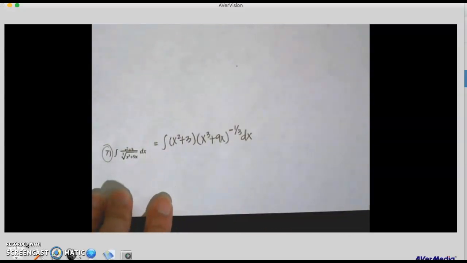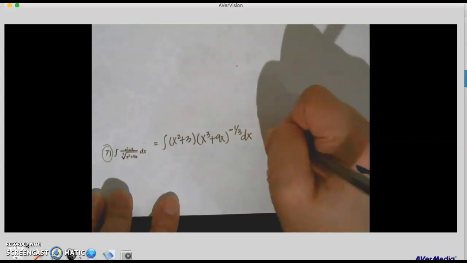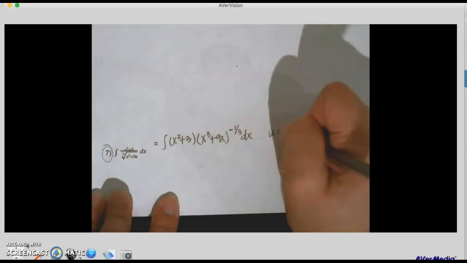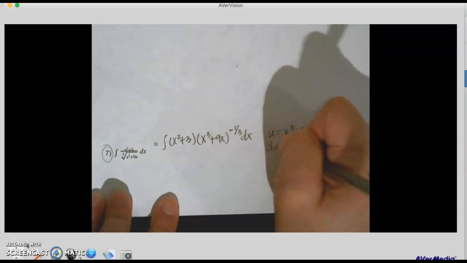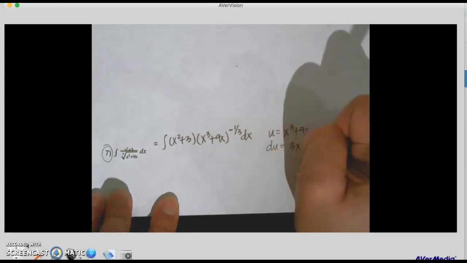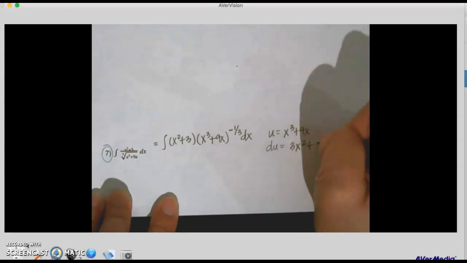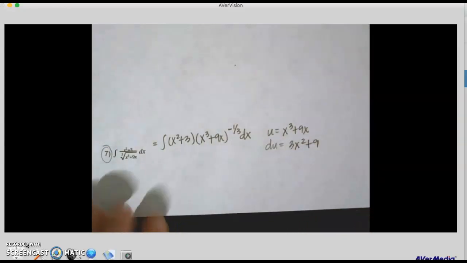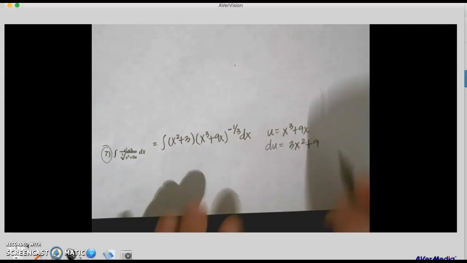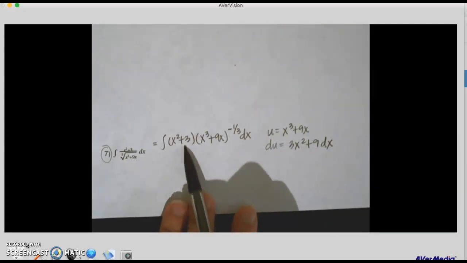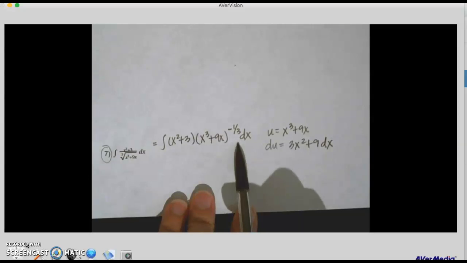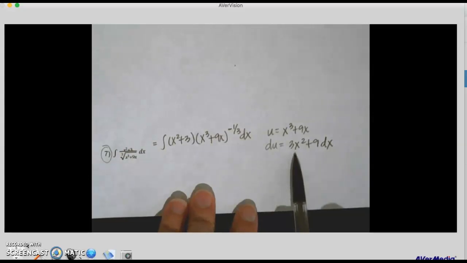Okay. My u is going to be the x cubed plus 9x. And let's find out what our derivative is, which is 3x squared plus 9, with the dx. Now we have x squared plus 3 dx, which is what we want, but our derivative is 3x squared plus 9 dx.